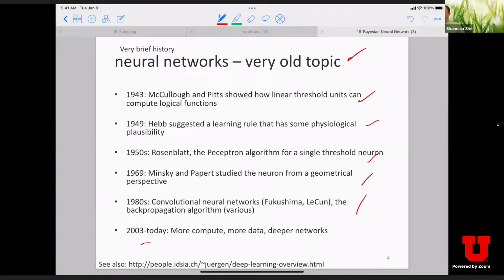I think at the beginning of this century, like 2005 or 2006, there was some resurgence of neural networks. And with the growth of computation power, especially GPU usage, the training of extremely large neural networks became possible. Then people started to realize the power of neural networks.